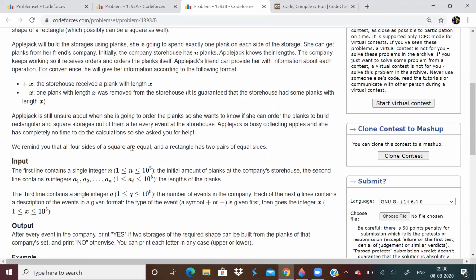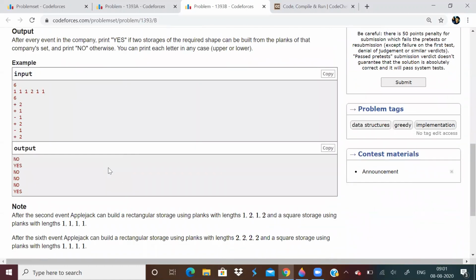A square is a quadrilateral whose all sides are equal. A rectangle has two pairs of equal sides. So let us understand through the test case. Suppose we have planks of these lengths initially. Plus 2.